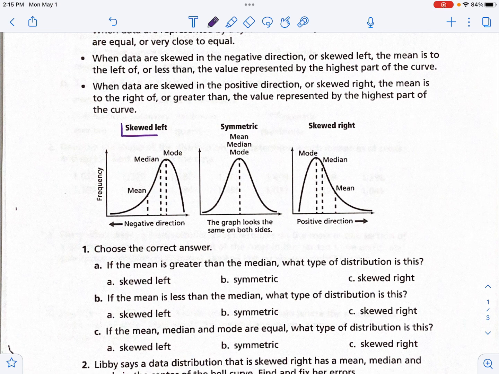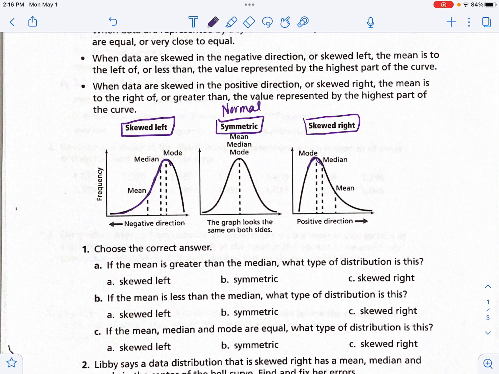First, we have when it's skewed left, when it's symmetric, which is also called normal, and then skewed right. The skewed left and right always kind of got me, because if it's skewed left, you can see here there are actually more numbers on the right side. And if it's skewed right, there are more numbers on the left side.